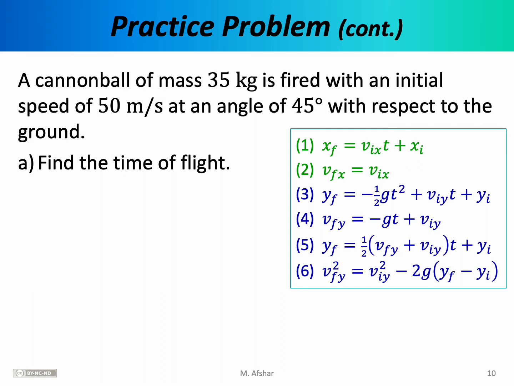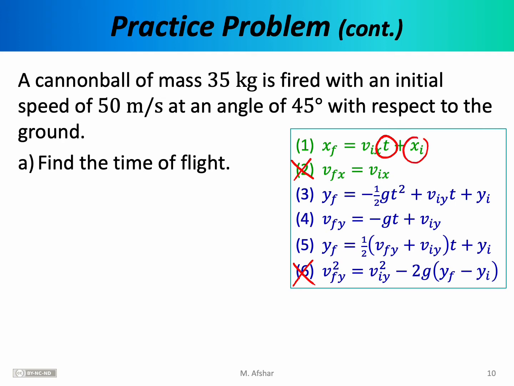So immediately I would say that equation 2 is ruled out because there is no time in it. I would also say that equation 6 is ruled out because, again, there is no time in it. Equation 1 does have time in it. That seems attractive.